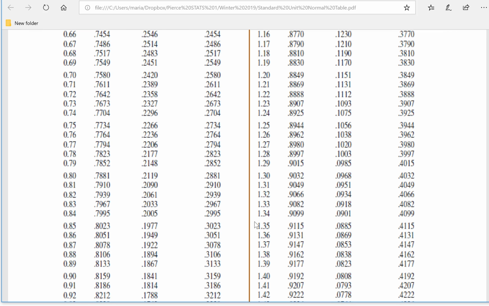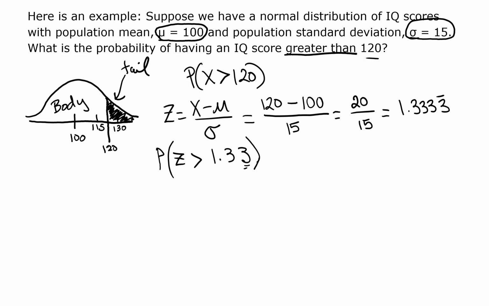Let's go back to our Word document and put that in here: 0.0918.